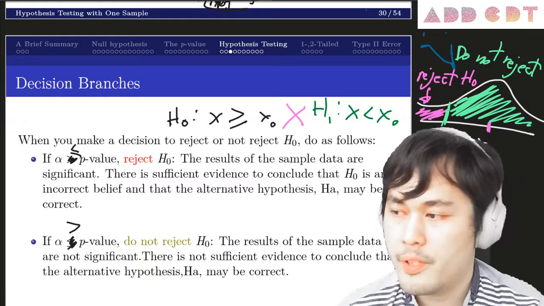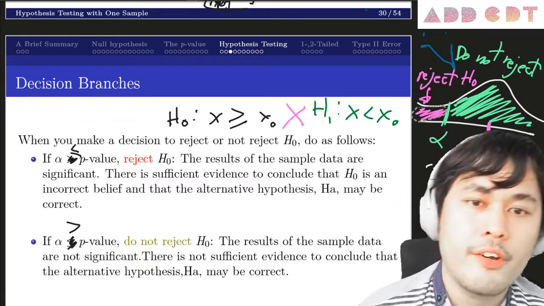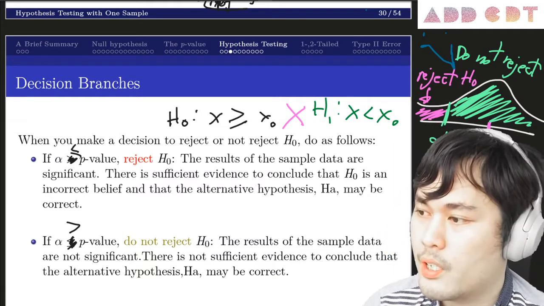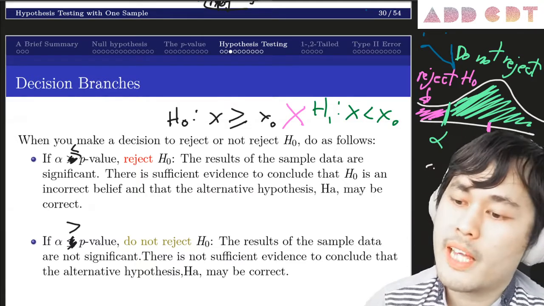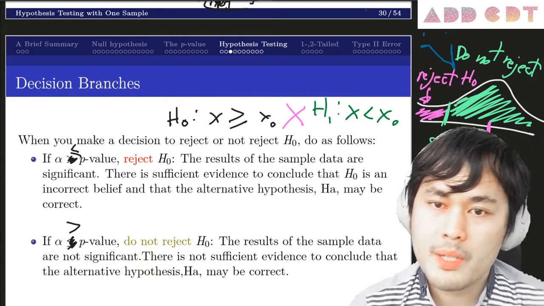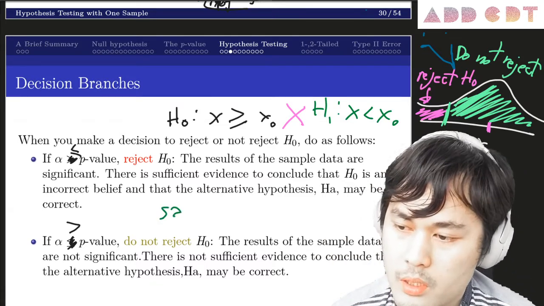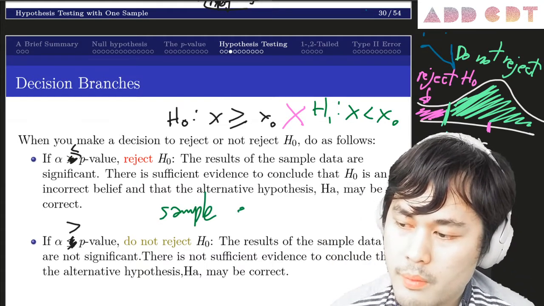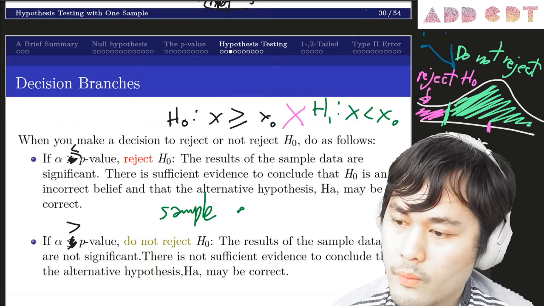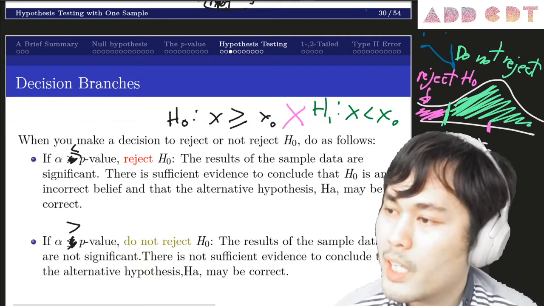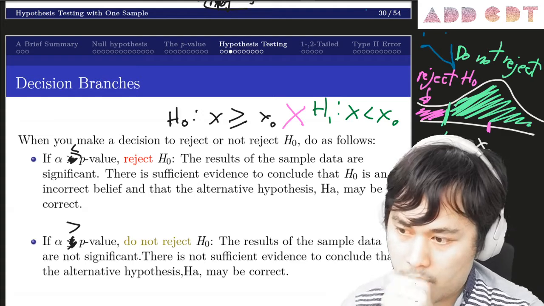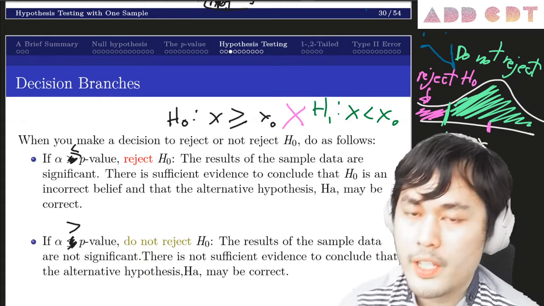That is the first case, if it falls into the pink area. Otherwise, if it falls into the green area, that means that sample still agrees with our assumption. So the results are not significant enough.